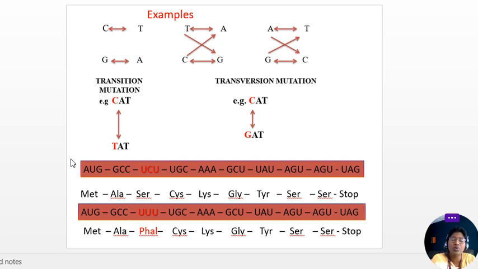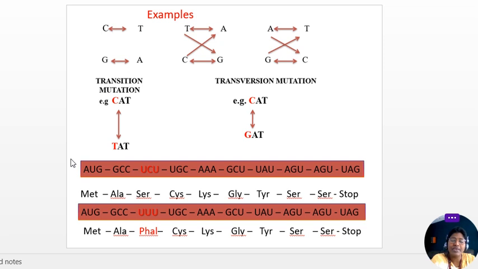AUG is a start codon responsible for methionine, GCC is alanine, and UCA is serine. So this is a normal messenger RNA, and when it undergoes translation, it will produce a normal polypeptide with the sequence methionine, alanine, serine.